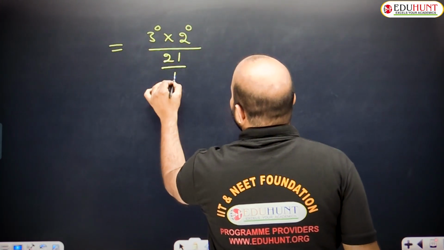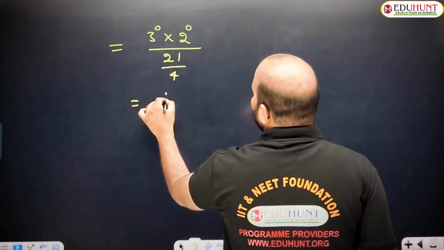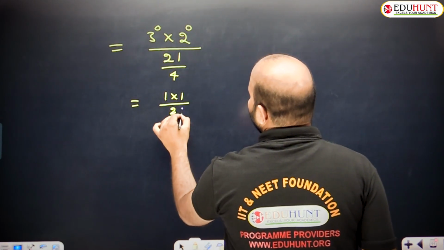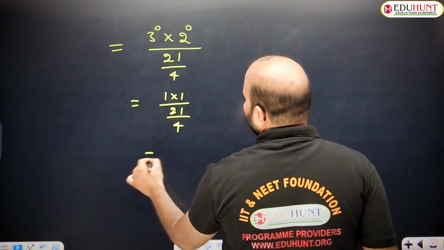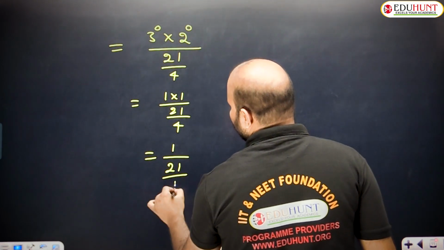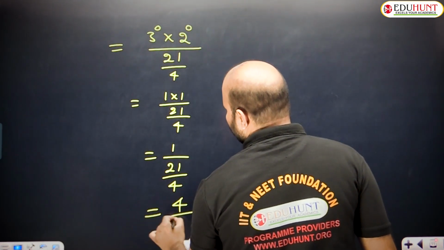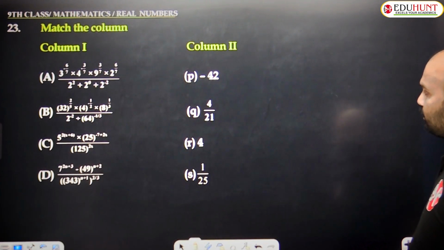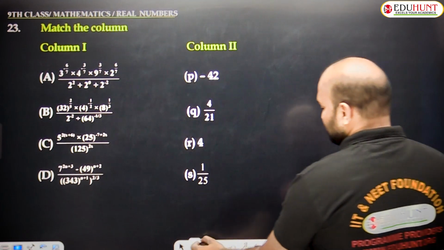So 3 power 0 is 1, into 1, nothing but 1 by 21 by 4. It can be written by reciprocal as 4 by 21. So what is the value? 4 by 21, yes.